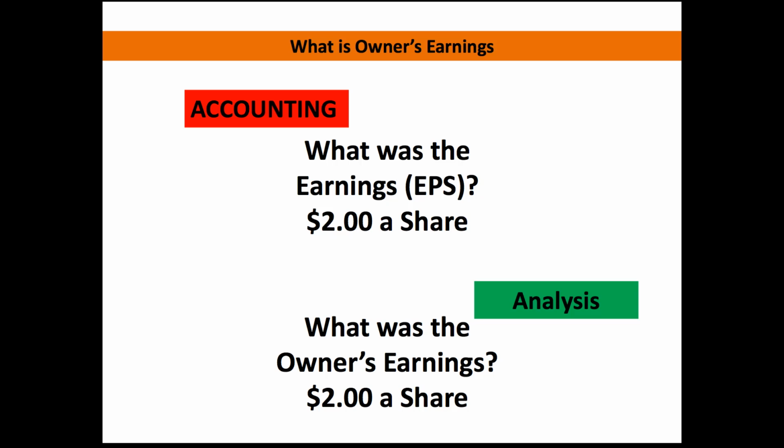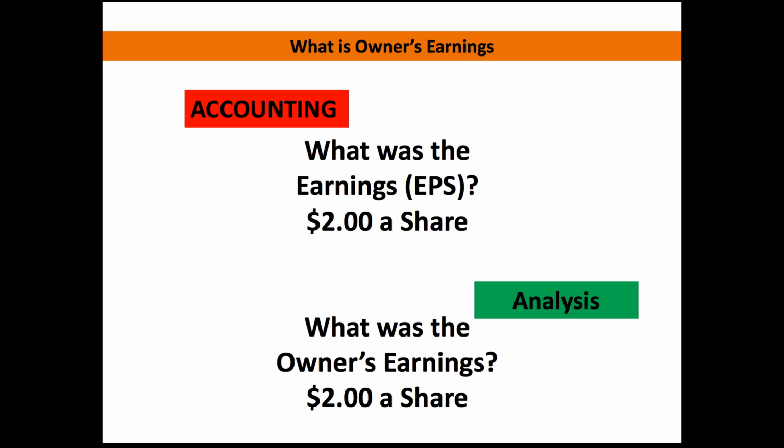And the reason that the owner's earnings was $2 is because we earned $1 in the dividend, and we actually saw the $1 that was being reinvested into the company actually materialize in the book value. Okay, so in that scenario, we had the actual accounting earnings that were being reported be exactly the same as the owner's earnings. So what we're going to do next is we're going to make the scenario more realistic.